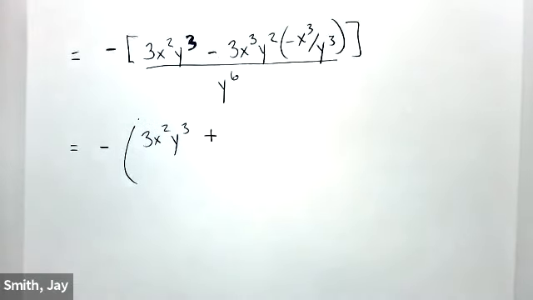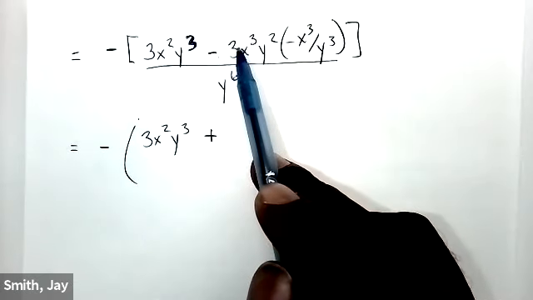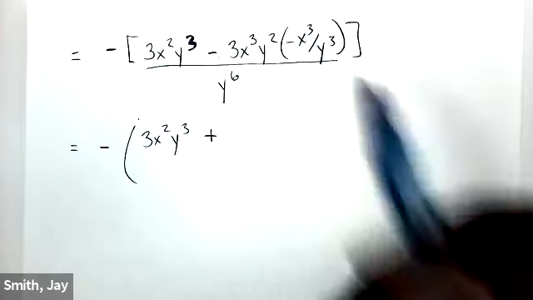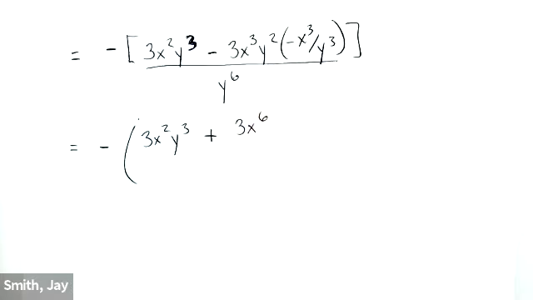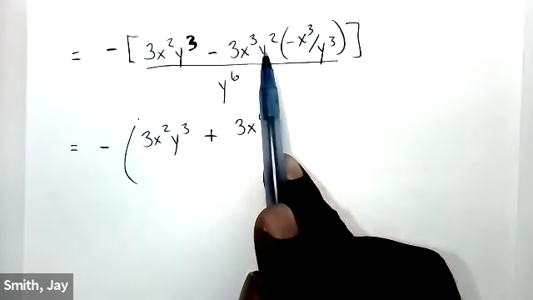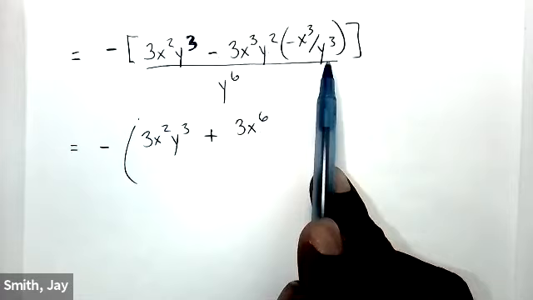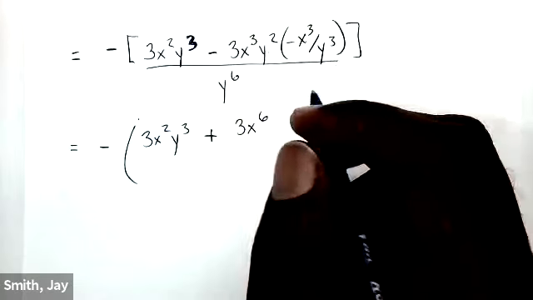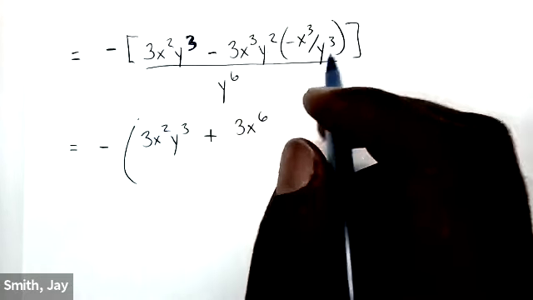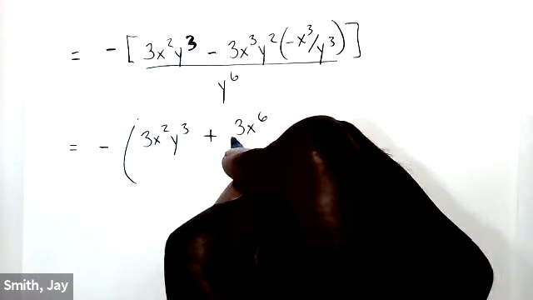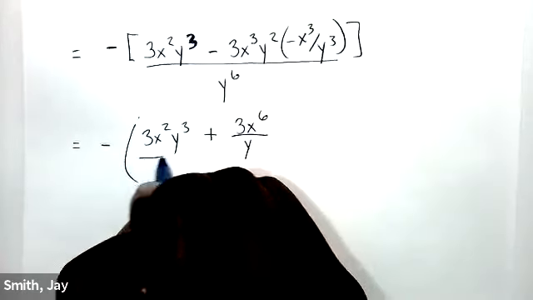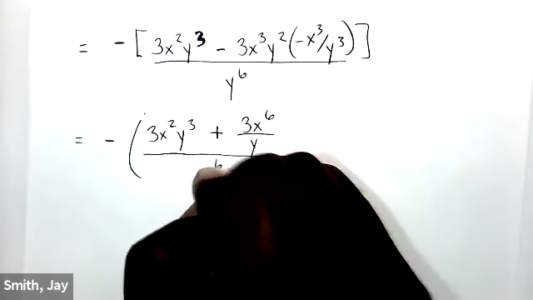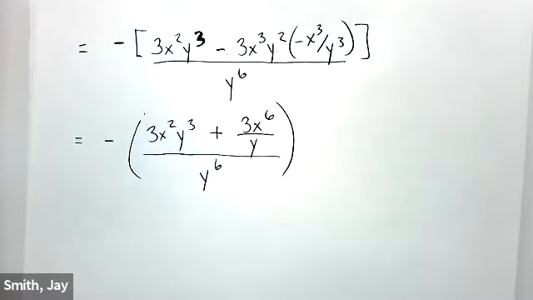So let's say that minus becomes a plus. 3x cubed times that x cubed up top will give me 3x to the 6. This y squared in my numerator is being divided by the y cubed in my denominator. We can subtract the exponents because the bases are the same. So we're going to end up with just a y in the bottom of that fraction. All of this is still being divided by y to the 6.